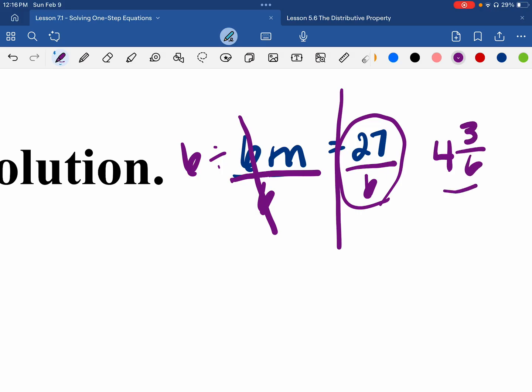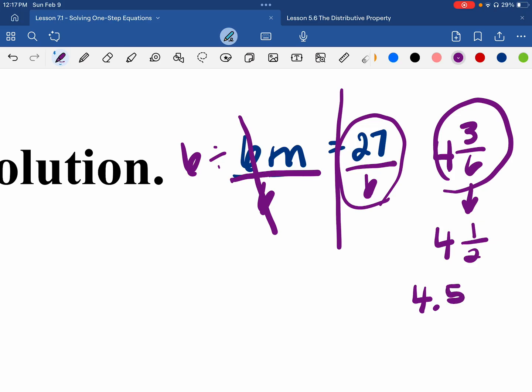So if you do this, you have to simplify, because 3/6 can get simplified to 4 1/2. Or you could have done 4.5 because you did 27 divided by 6 on your calculator and it gave you 4.5. All of these answers, with the exception of this one, are 100% acceptable in this fashion.